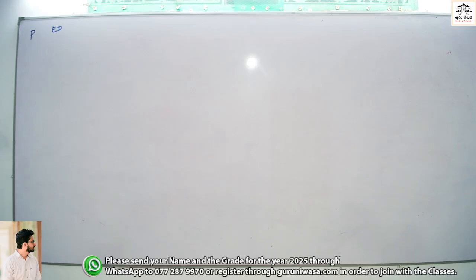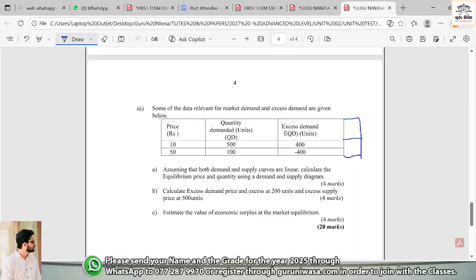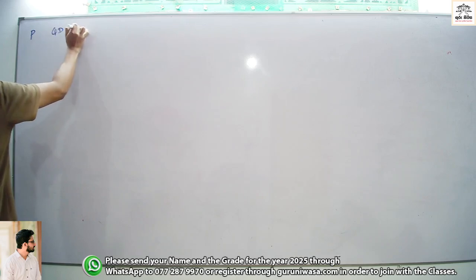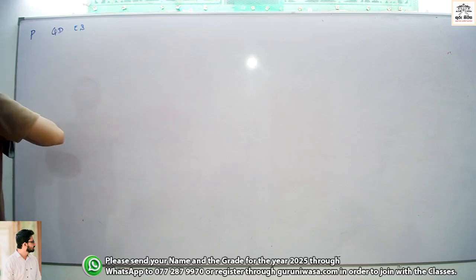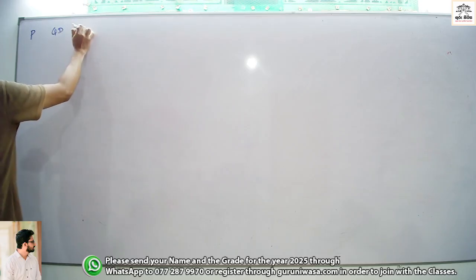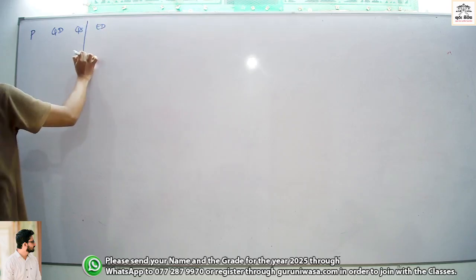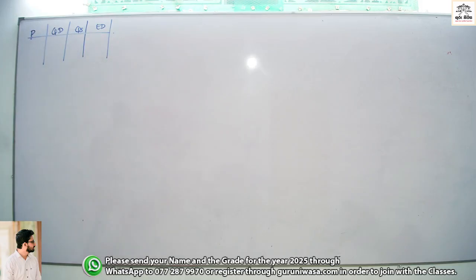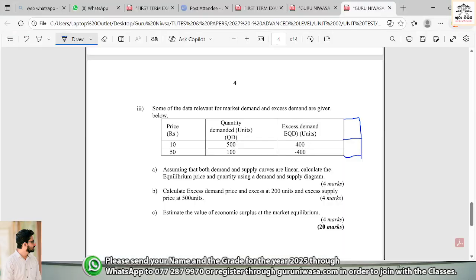Quantity demanded, excess demand. QD, ED, and here you have to calculate the supply, QS. What are the prices given? 10 and 50.